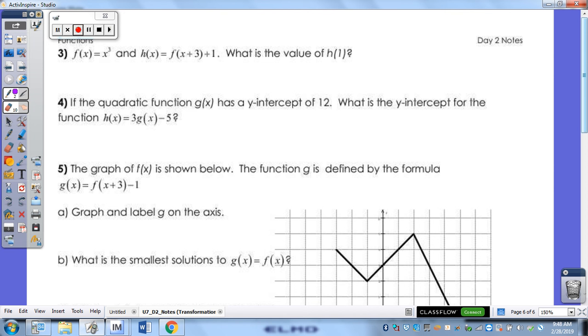Okay. Well, this one's a little different. We don't have to describe the transformations this time. But what we are doing for our x's is we're going to plug in a 1.